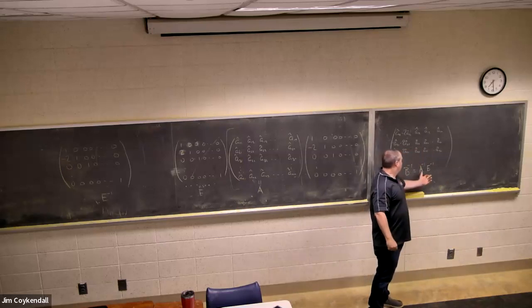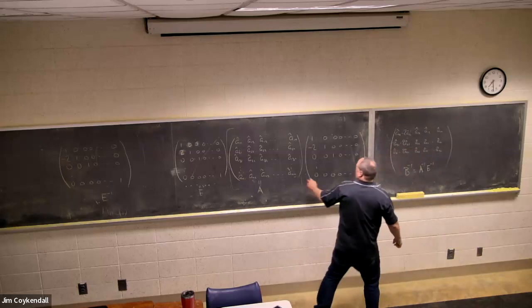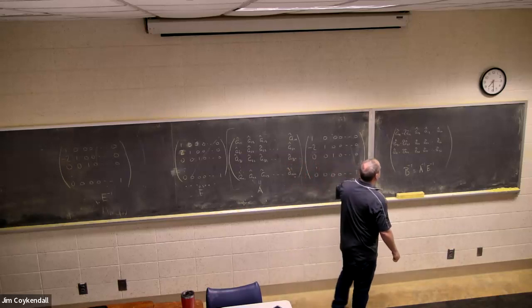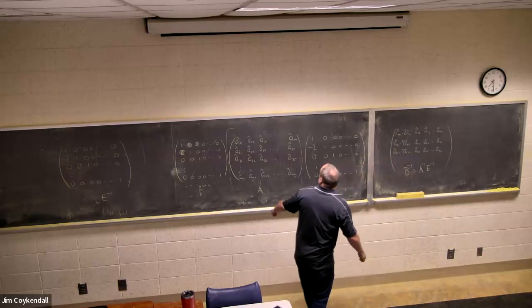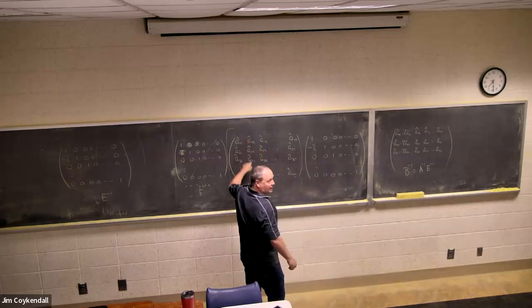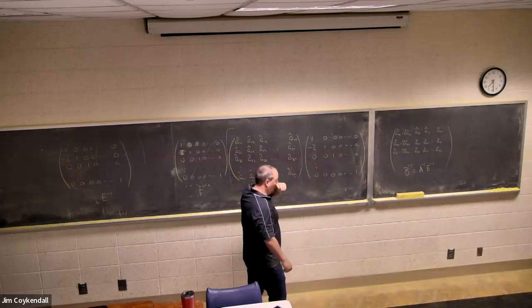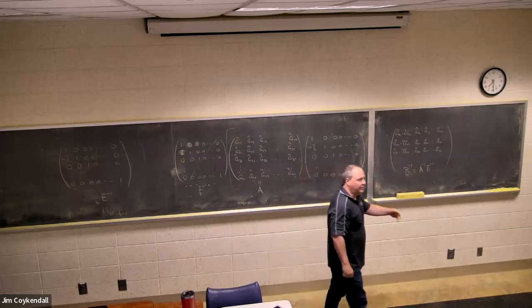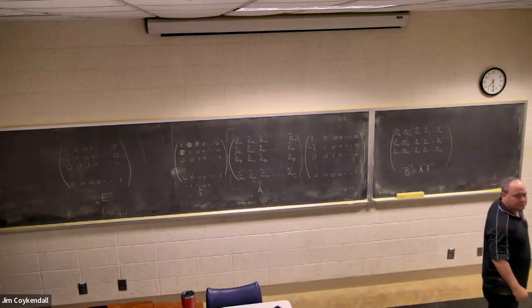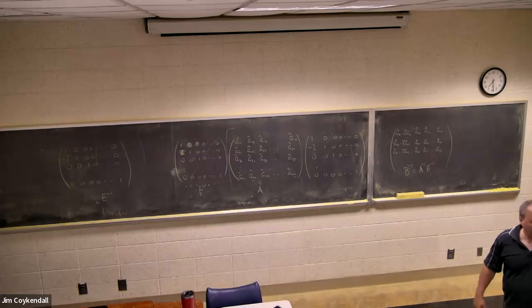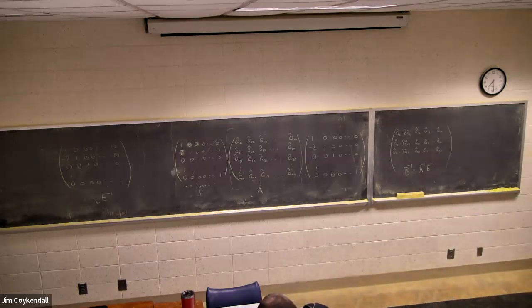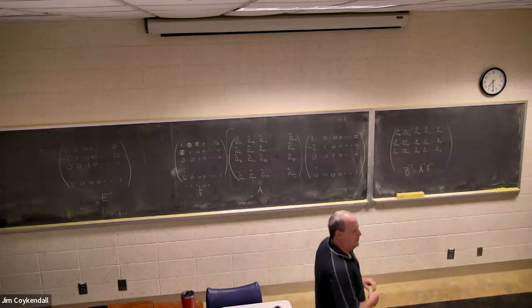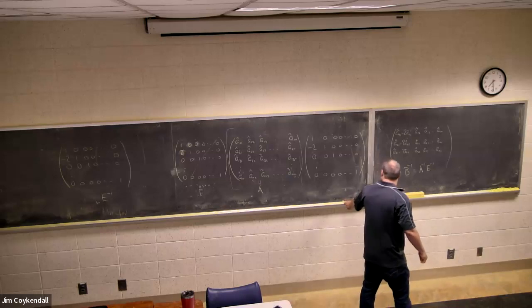So I would say B inverse is obtained from A inverse by adding -2 times the second column of A inverse to the first column. Questions?